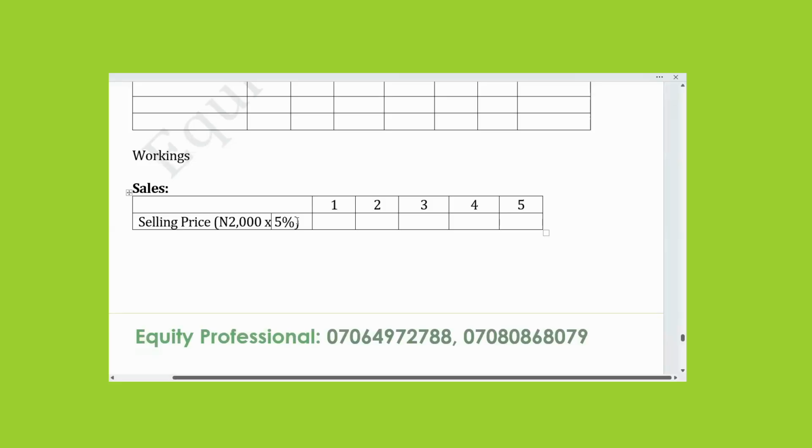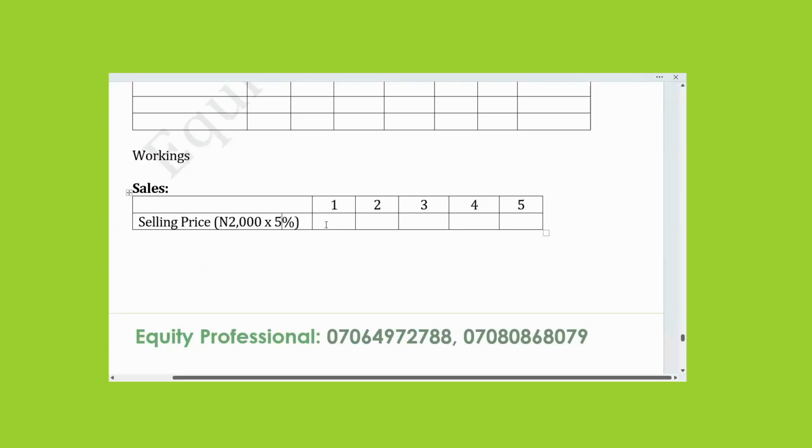1.05. Now pay attention. This is what we are trying to do. This selling price of 2,000 naira is in current value terms, which means that I have to start inflating from year one. So to inflate, you are going to multiply the real cash flow by 1 plus the inflation rate. The inflation rate is 5%. 1 plus 5% will give you 1.05.